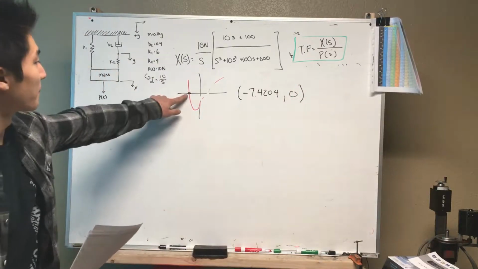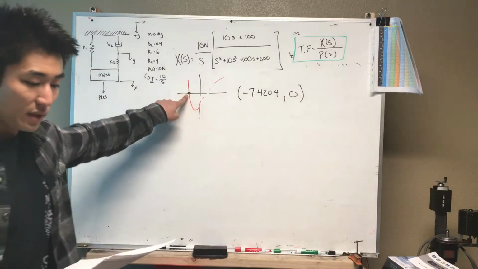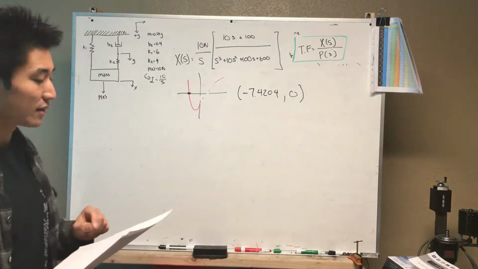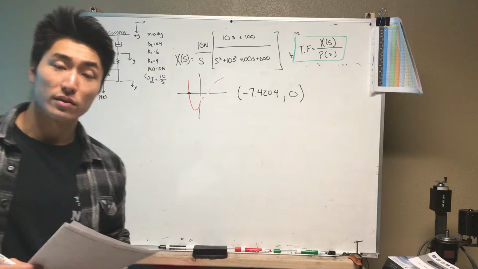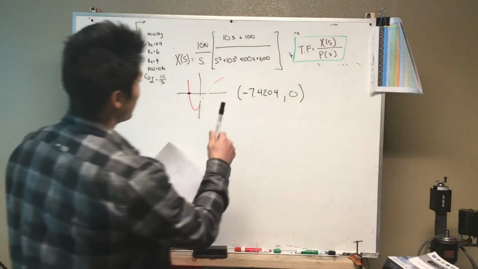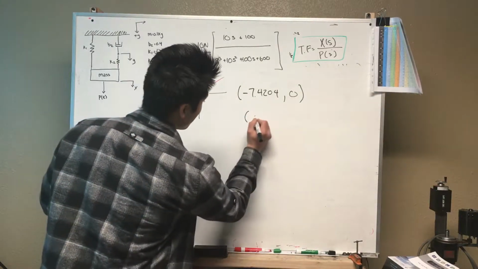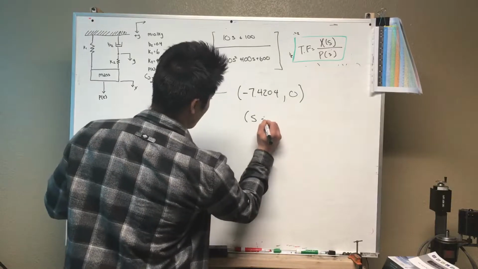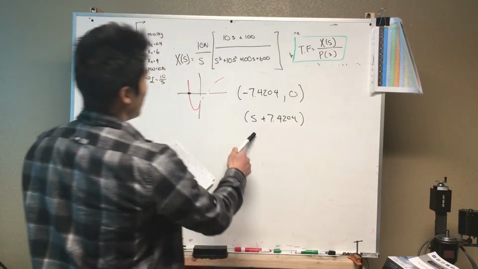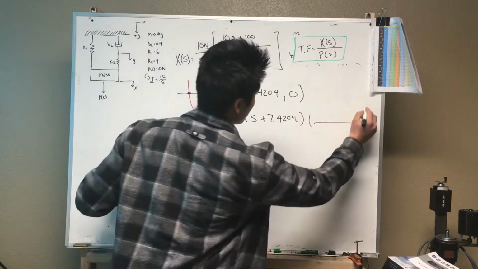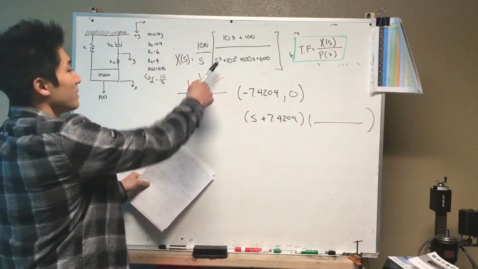So it was right there. And now that we know one of the zeros, we could find out that this actually distributes out. It would have to take the form of s plus 7.4204, and then something is going to be this cubic function.